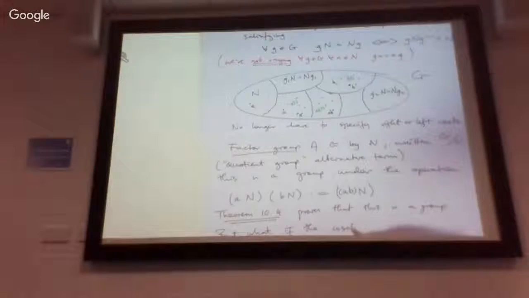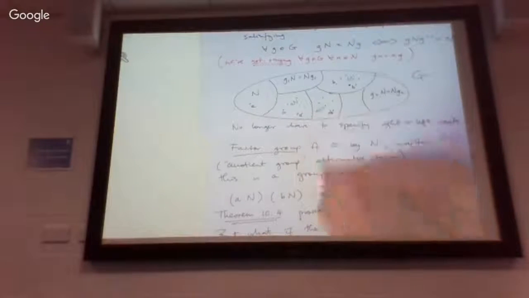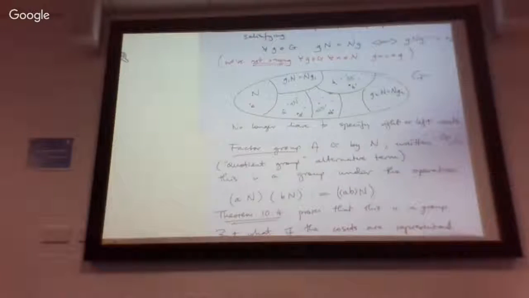So what if the cosets are represented differently? So AN is equal to A prime N, because they're in the same coset. BN is equal to B prime N, because they're in the same coset.